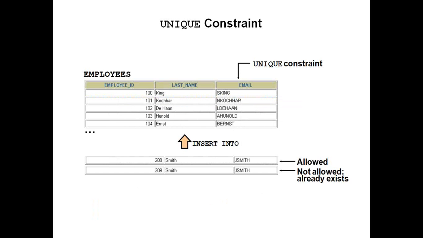And then the unique constraint: any column which doesn't have repeated values, we say the values inside that column are unique, and we can declare that as a unique constraint. For example, email ID can be declared that way.